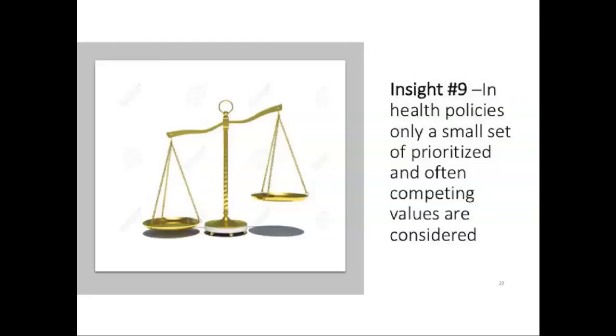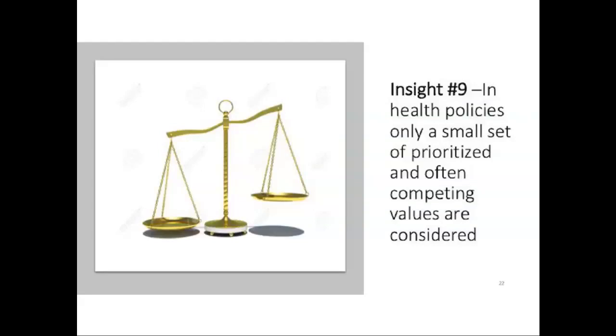And insight number 9 is that in health policies, only a small set of prioritized and often competing values are considered. We identified, for example, in Colombia, that our health system has in the laws and in the policy documents almost 27 values.